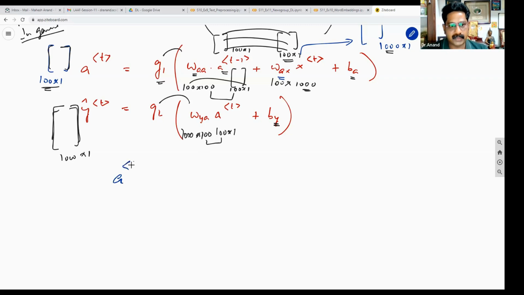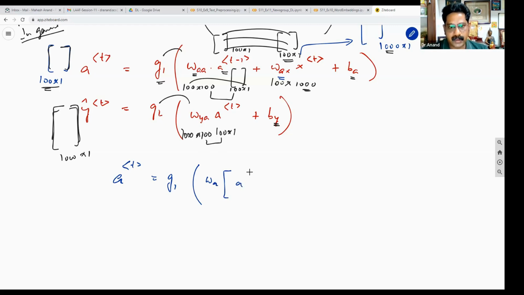A of t is represented as the activation function. We are applying this activation function. Look at this weight matrix. I can take WA as a common factor.